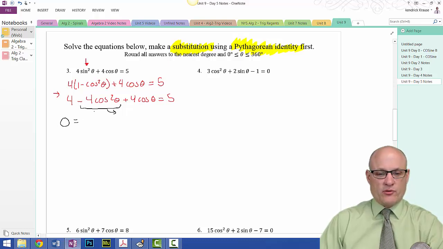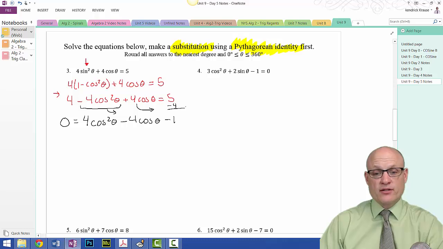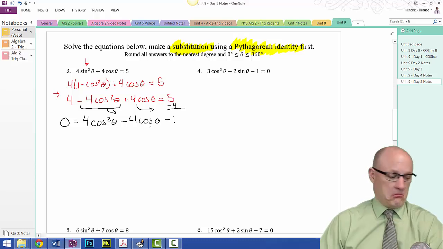I'm going to move this cosine squared theta over to the right side, so that becomes 4 cosine squared theta. I'm going to move this over to the other side. That becomes minus 4 cosine theta. And then I'm going to subtract this 4 and bring that over and get 1. Now, I'm really subtracting 4 from this 5, correct? And I get 1.